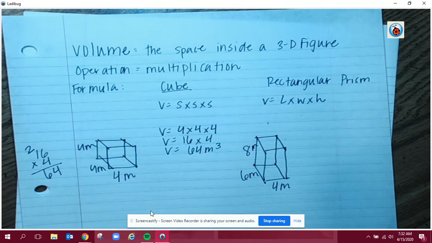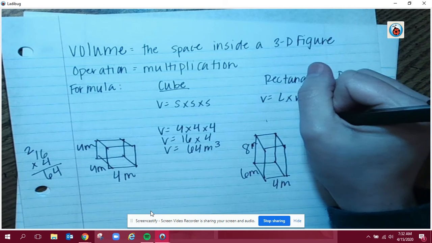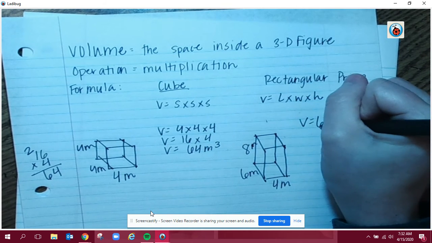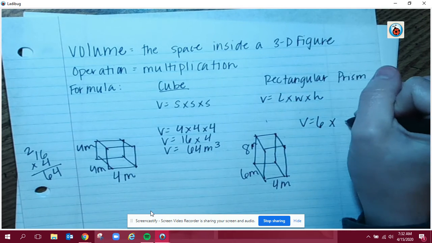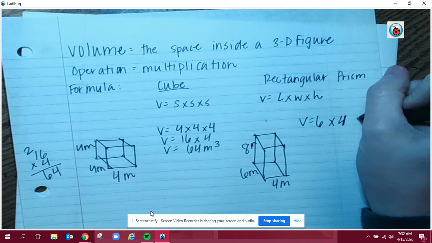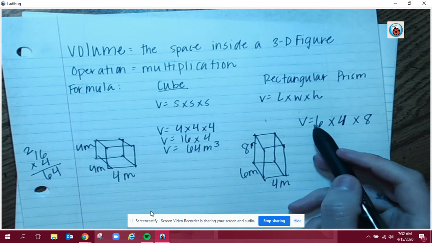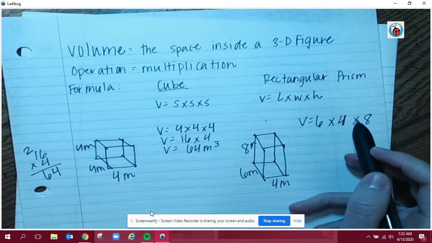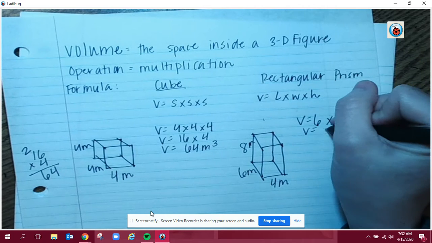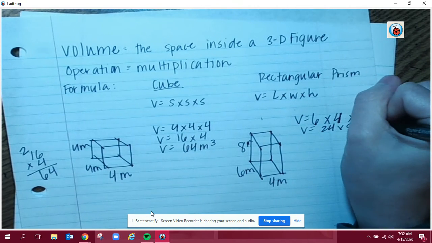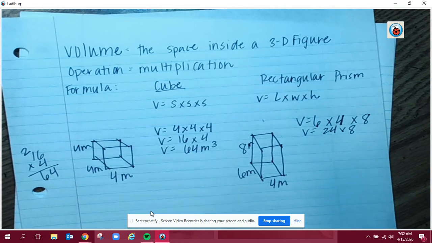So using my formula, length times width times height, I said that 6 was my length, times 4, which was my width, times 8, which was my height. So again, we always go from left to right, so I do 6 times 4 first. 6 times 4 is 24, so now I'm going to bring down what's left, which is 24 times 8.